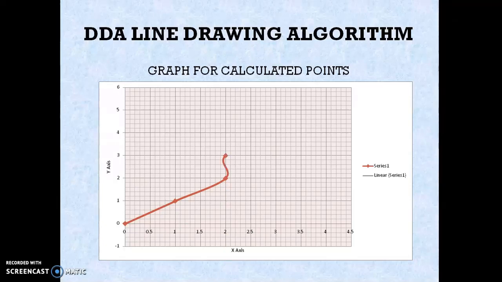Next point is 2, 3. Very next point is 3, 4. And the last point is 4, 5. It is the final line generated by the calculated points using DDA line drawing algorithm.